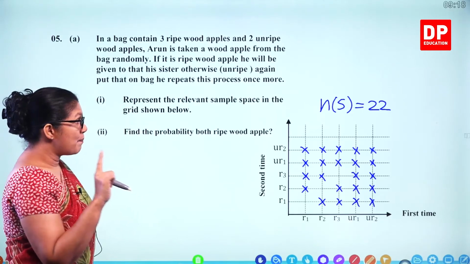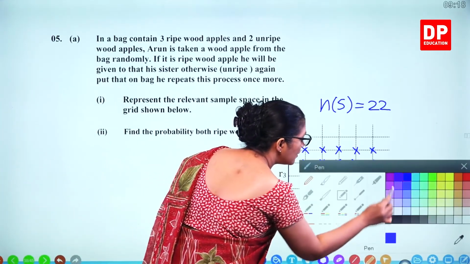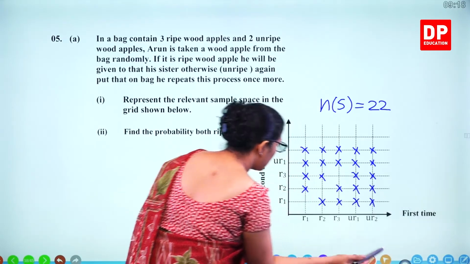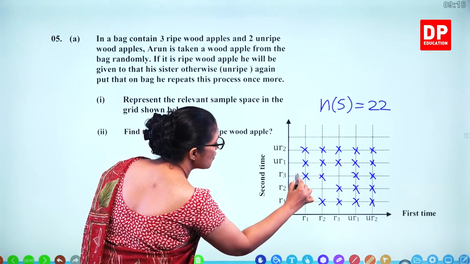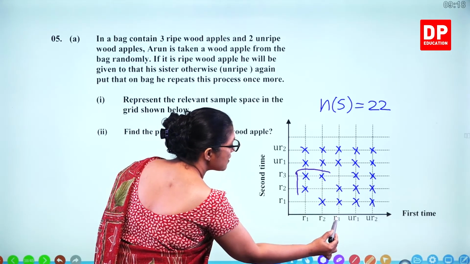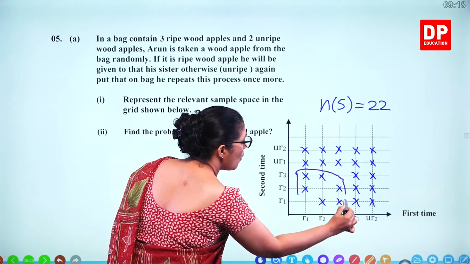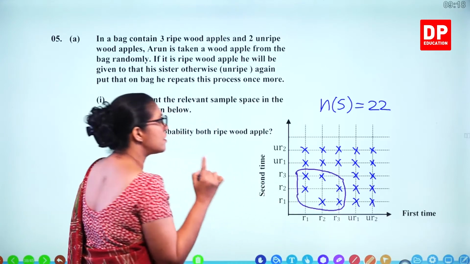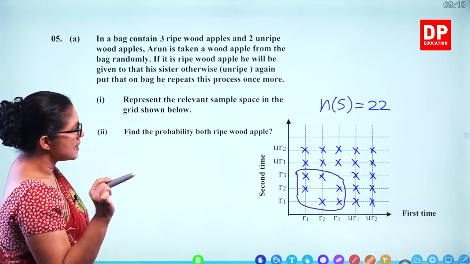Find the probability of both being ripe wood apples. So both ripe. If it's ripe, this is a possibility, this is okay. So these two are okay. This is okay. And if it's R3, that's a ripe one. So these are the possibilities where you can get both ripe wood apples.